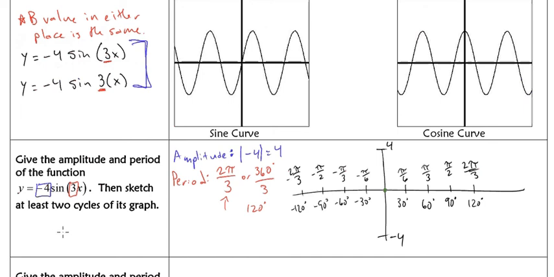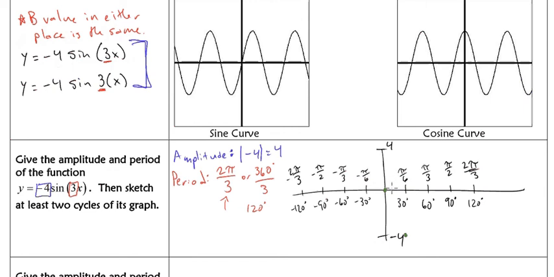However, since it's all happening 3 times as quickly now, it's going to be happening in 1/3 the time. So at 30 degrees, we're going to end up at -4. Normally it'd be +1, but now we're at -4 because that value is being multiplied by -4.